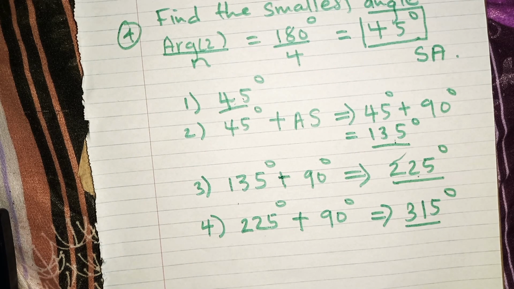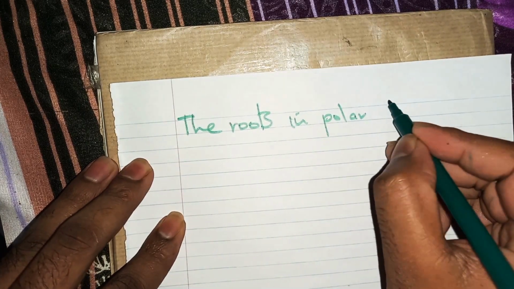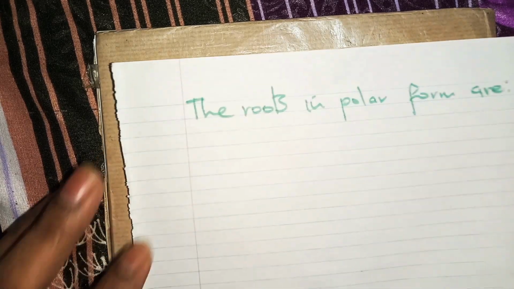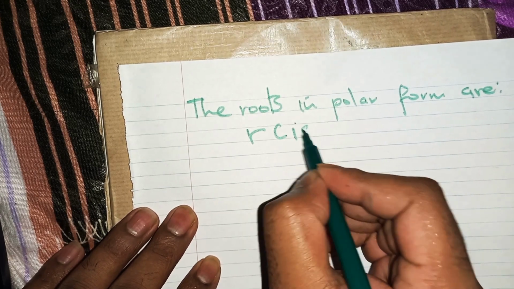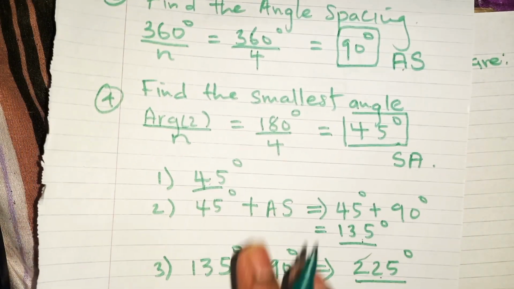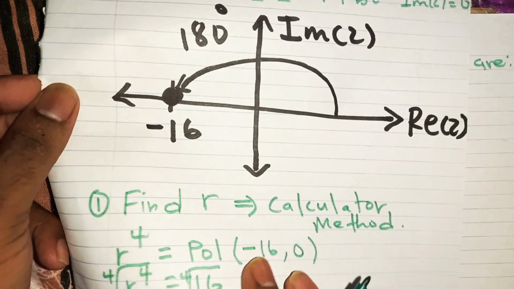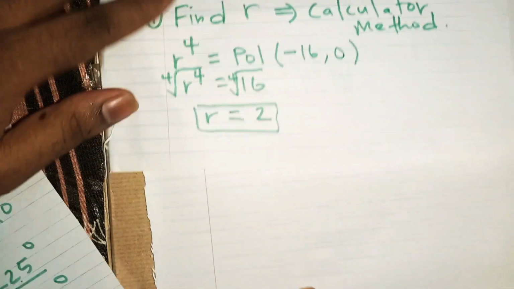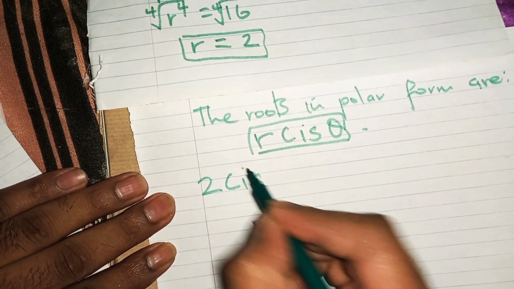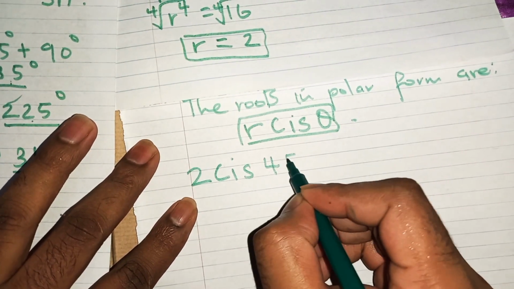Now we can write our answer. The roots in polar form are in the form of r cis theta. So the first angle was 45, and the value of our r that we found is equal to 2. So the first one will be 2 cis 45 degrees.